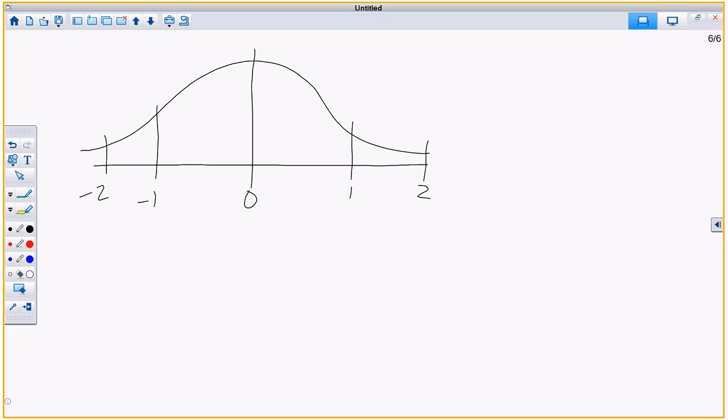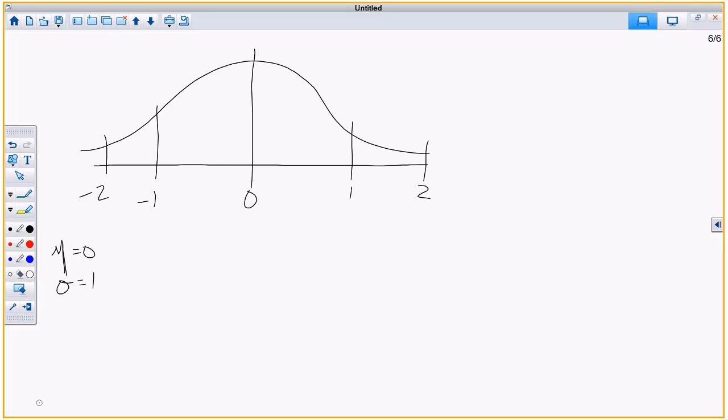The second type of question is when the mean is equal to 0 and the standard deviation is equal to 1. Which basically sets up your z-score chart from back in Unit 1, I think.